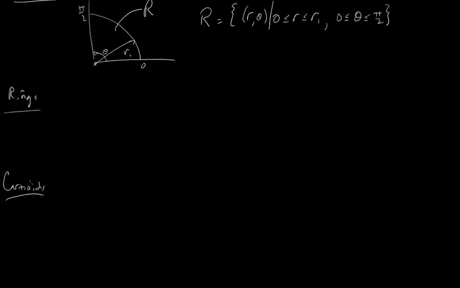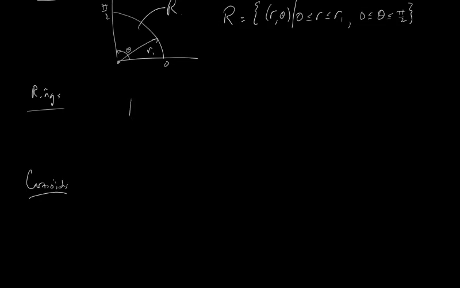All right, so now let's look at rings. So a ring is going to look like this. We have some interior region, and the ring is this region here that I have in green. So we've got our inner radius r1 and our larger radius r2.